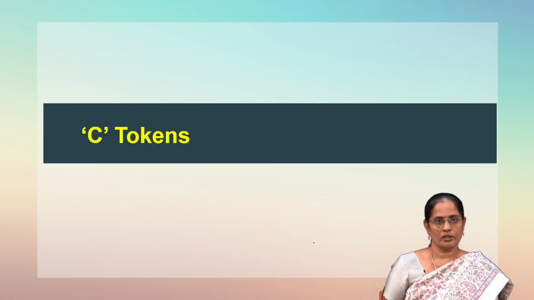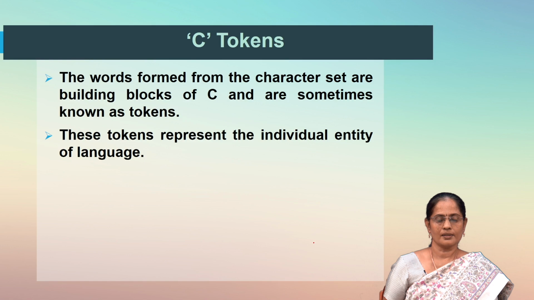Then we will look into C tokens. What are tokens? The tokens are the words that are formed by the character set. We have seen that C allows a certain set of characters including the English alphabets, the digits, special symbols.